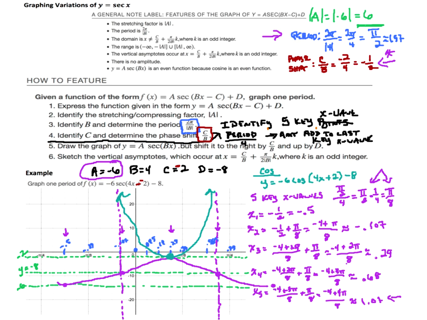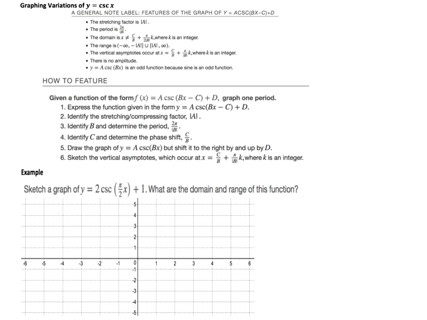And I think even though it took us a while to get through this one example, now that you know what those key x values are and how to get them, it makes graphing the transformations of the other trig functions so much easier. So let's go ahead and take a look at graphing a transformed cosecant function. Okay, so don't forget the cosecant is the reciprocal function for sine.